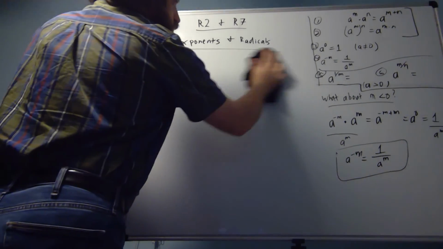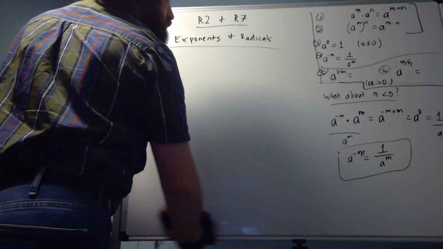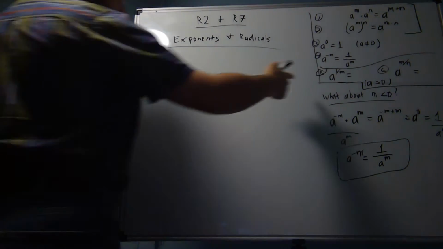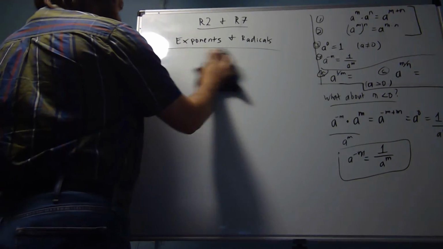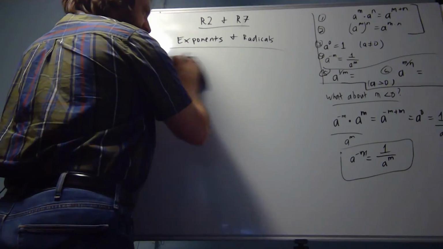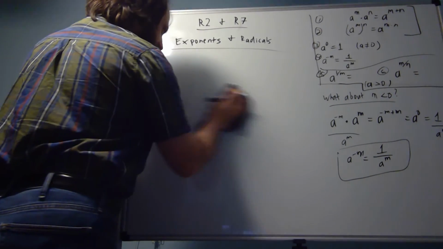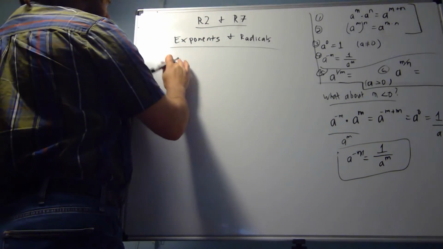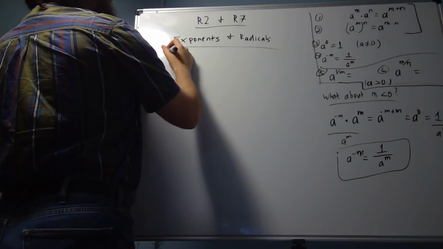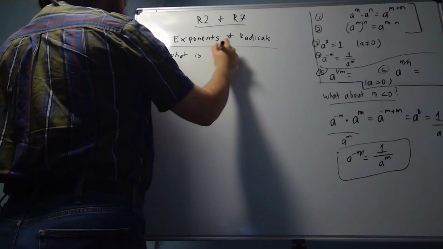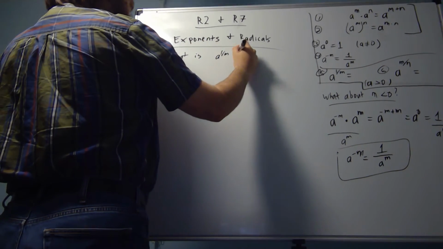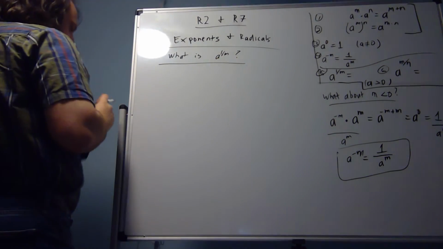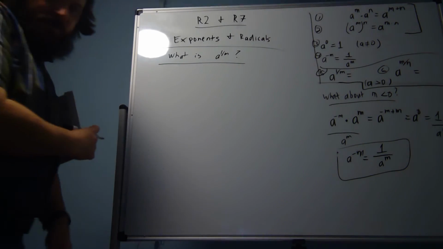Okay, so I'm making sure I get this as dry as I can, or else it's just going to be a waste of all our time trying to write on a wet board. Okay, so I'm assuming that the base is bigger than 0, or else weird things can happen, and who knows.